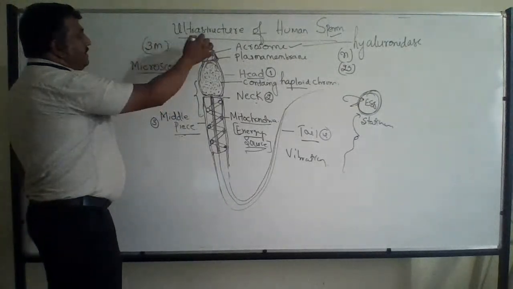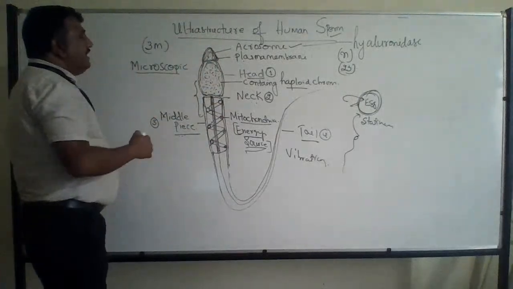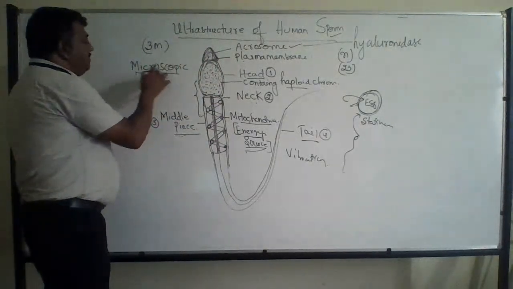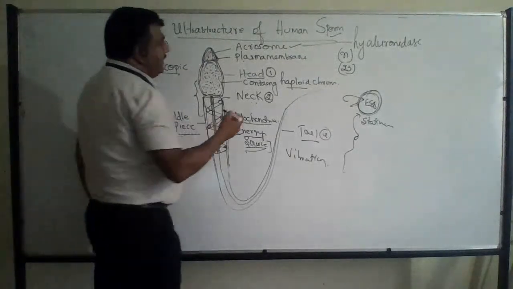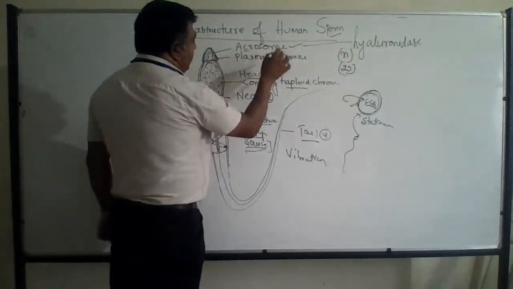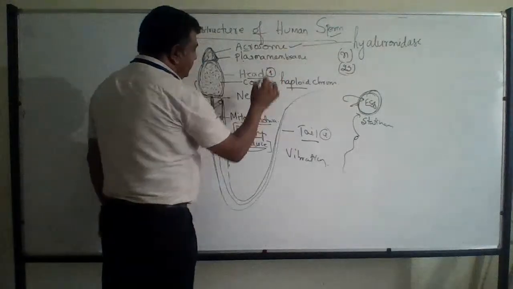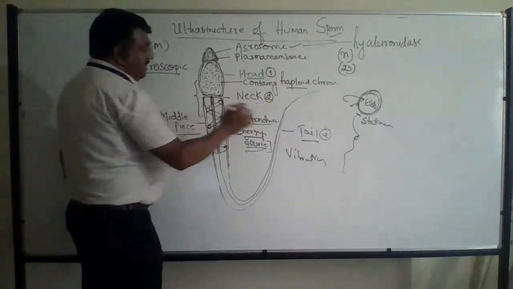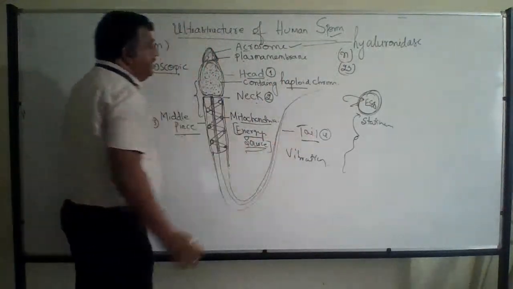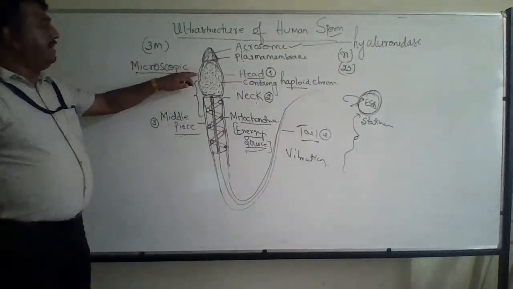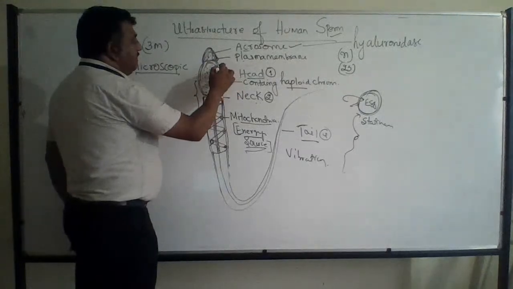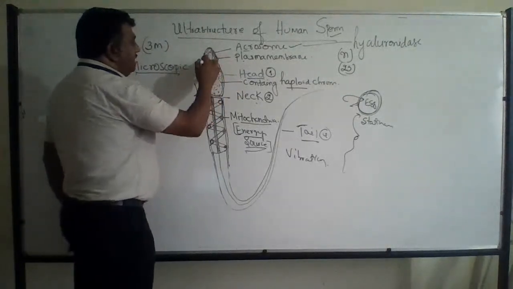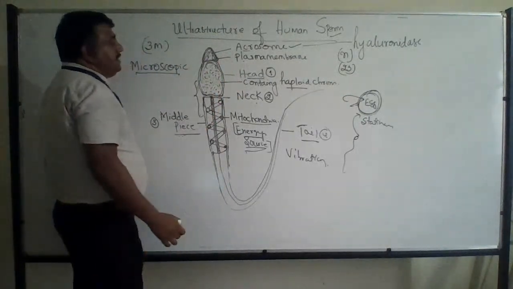We'll try to recall once again. The human sperm is microscopic, not able to be seen with the naked eye, and it contains mainly four parts: head, neck, middle piece, and tail region. It has a plasma membrane that envelops the whole body of the sperm.